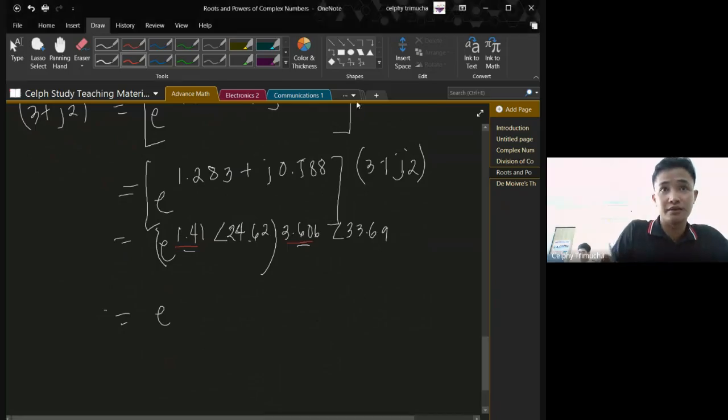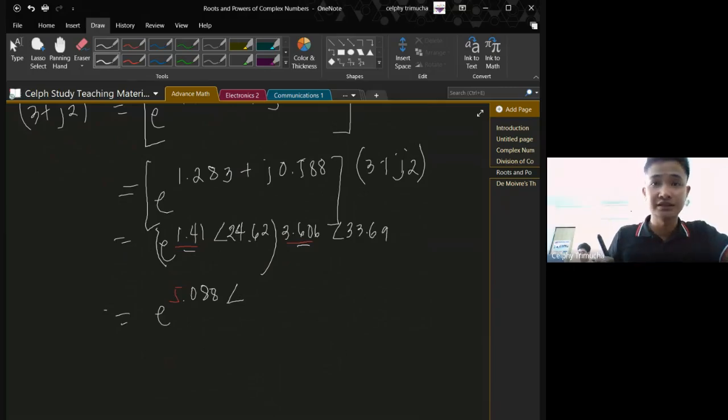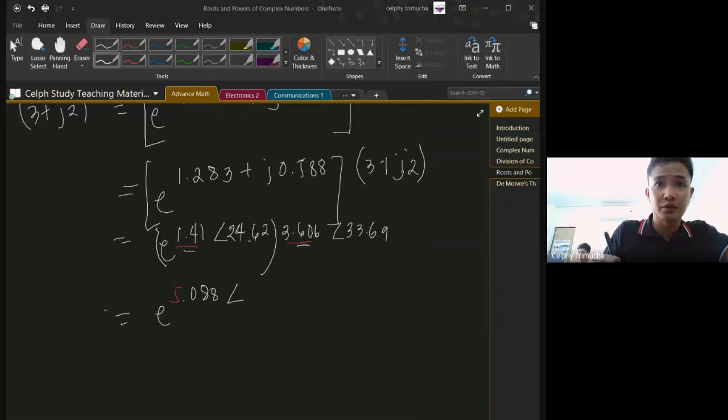So ang exponent will be 5.088. Then ang aton nga angle, add ka lang 24.62 plus 33.69. So we have 58.31.